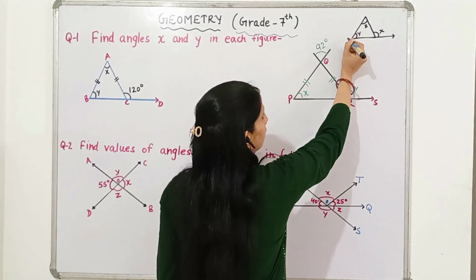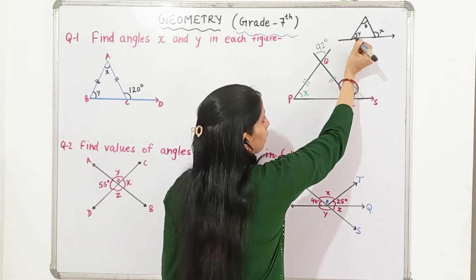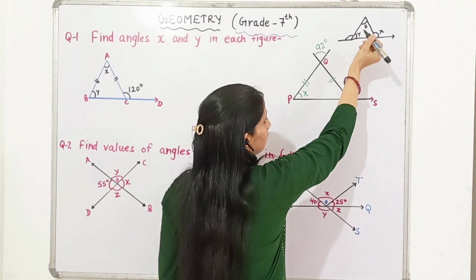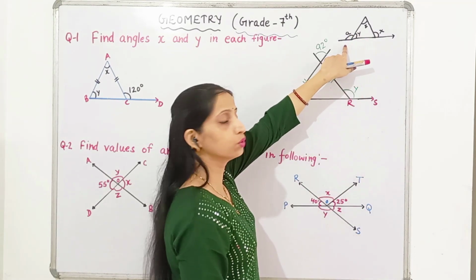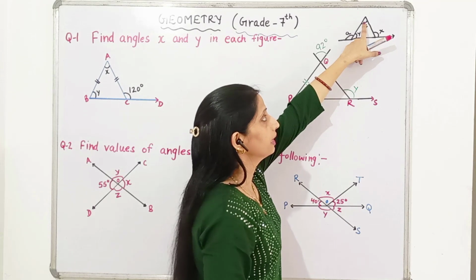Similarly, if we extend this side, now this exterior angle, let's call it A, will be equal to the sum of the interior opposite angles.